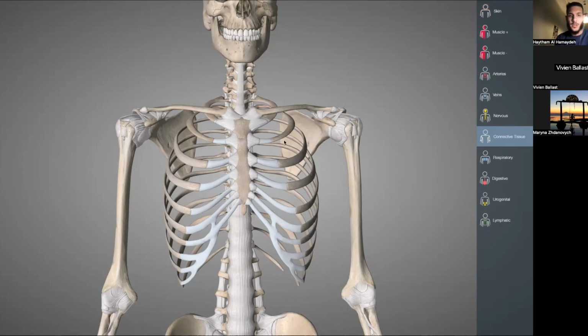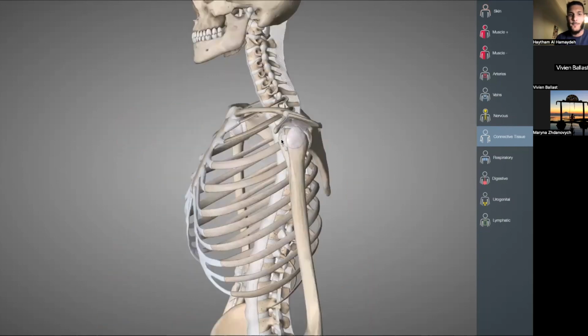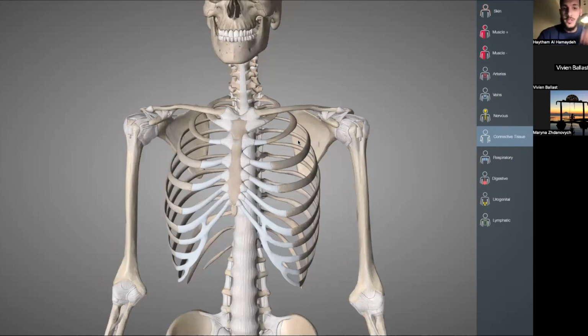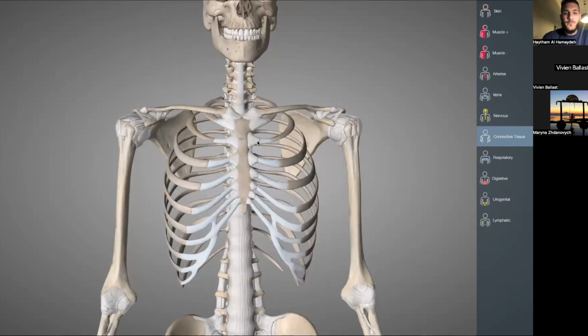Okay, again, now you guys see the simulation? Yes, it's very slow. Maybe my computer is loading a lot of things, but I hope you can see it. Here in the anterior view, you can see that the ribs are articulating with the sternum, but the bones do not articulate here directly to bones.